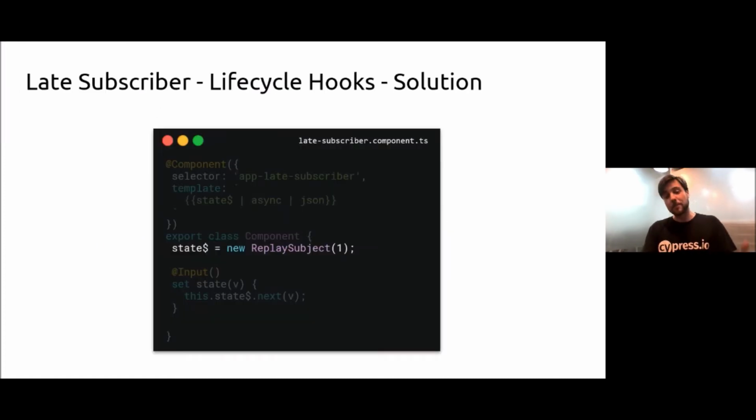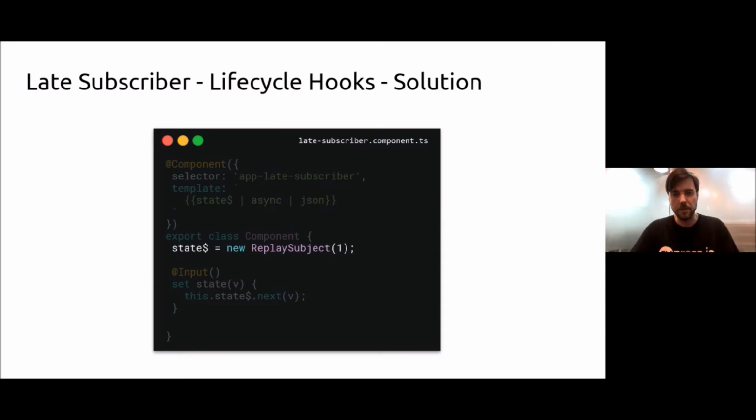Where was I? Okay, so the value was not rendering because we used a subject. I'm not sure how familiar people are with Rx. Unfortunately, this is not a beginner's talk, but let me quickly tell you that a subject is something that you can call next on, and then it will send a message to all the interested parties. There is a special type of subject, which is the replay subject.